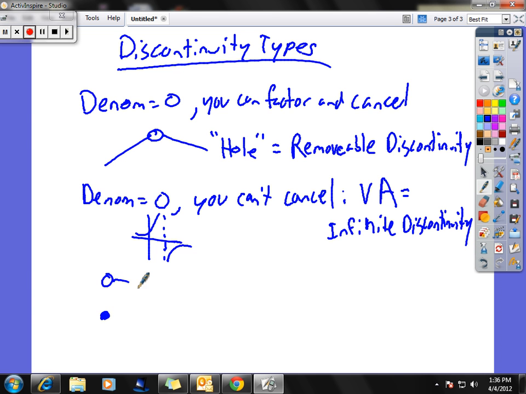You have to tell that from the graph or from the piecewise, and that's called a jump discontinuity. So that one's pretty straightforward. There's nothing really about the equation here except that it would have to be a piecewise function in order to have a jump discontinuity.